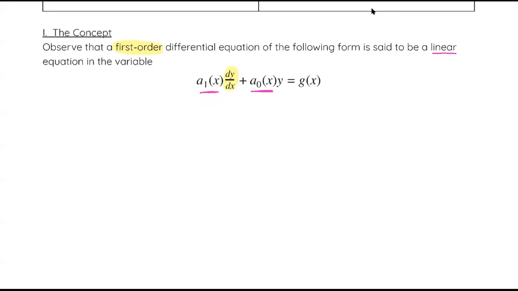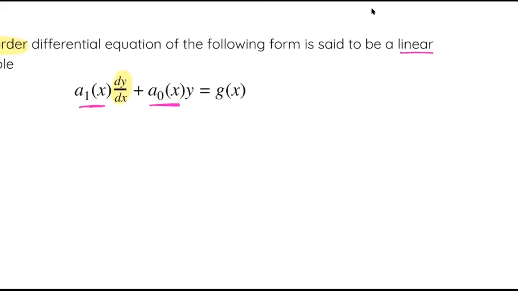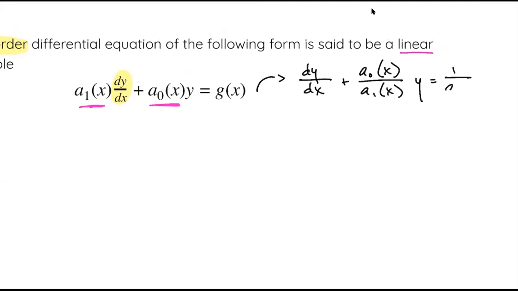And so that's actually where we're going to start our story. We're going to go ahead and divide by a sub 1. So we're going to get dy dx plus a sub 0 of x over a sub 1 of x, y equals, let's say, 1 over a sub 1 of x, g of x. Okay.